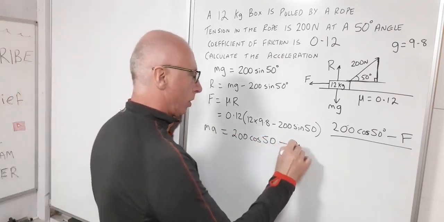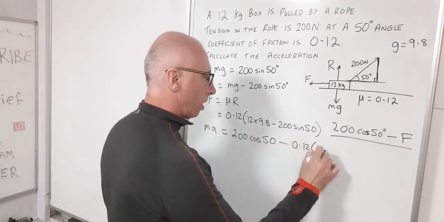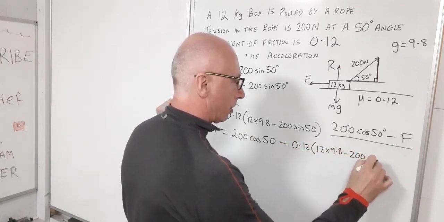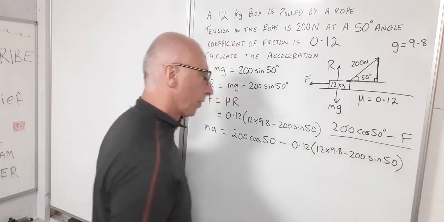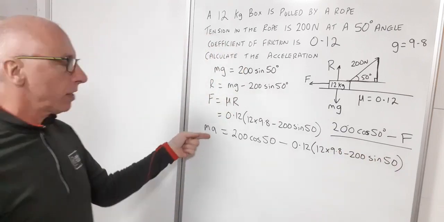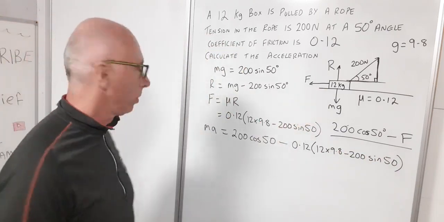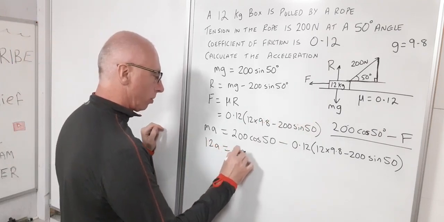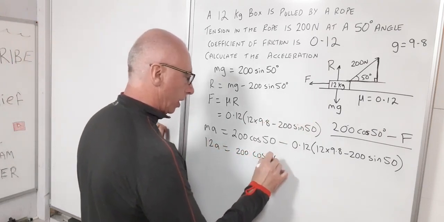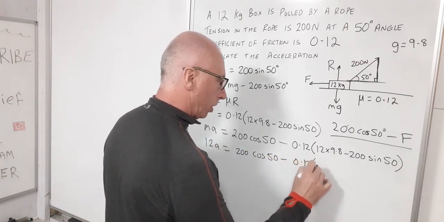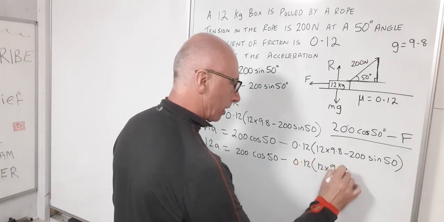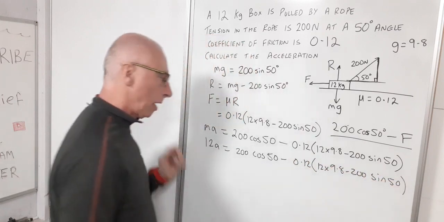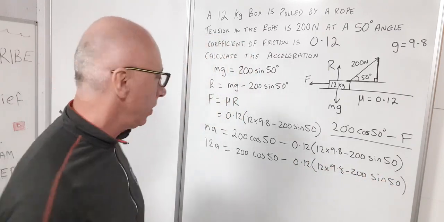So that's 0.12, 12 times 9.8 minus 200 sine 50. Okay, well mass we know what it is, that's 12, because that's the mass of the box. So 12A equals 200 cosine 50 minus 0.12 times 12 times 9.8 minus 200 sine 50. Bearing in mind we've not calculated any of this yet.